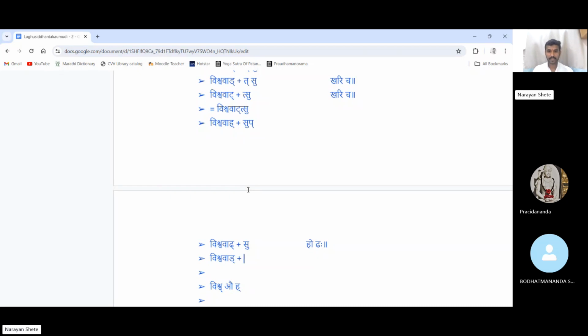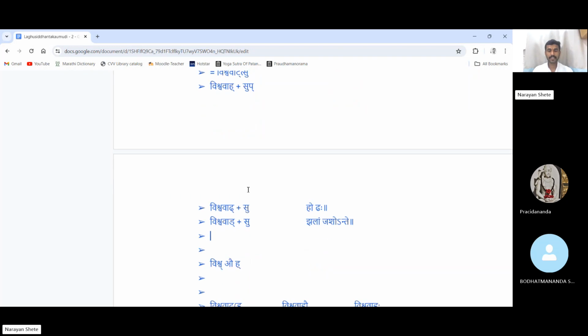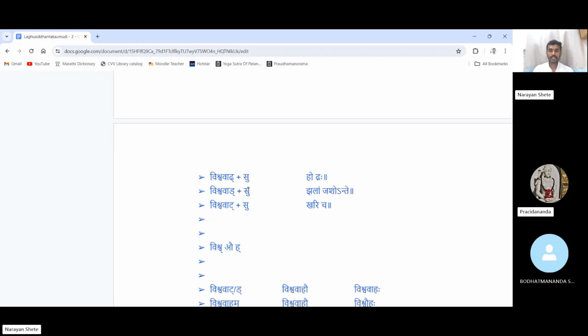Vishwavad, then su because of sutra Jhalam Jashonte. Dakara will turn into Takara. Vishwavad, then su by sutra Khari cha. And then the final form is Vishwavatsu.